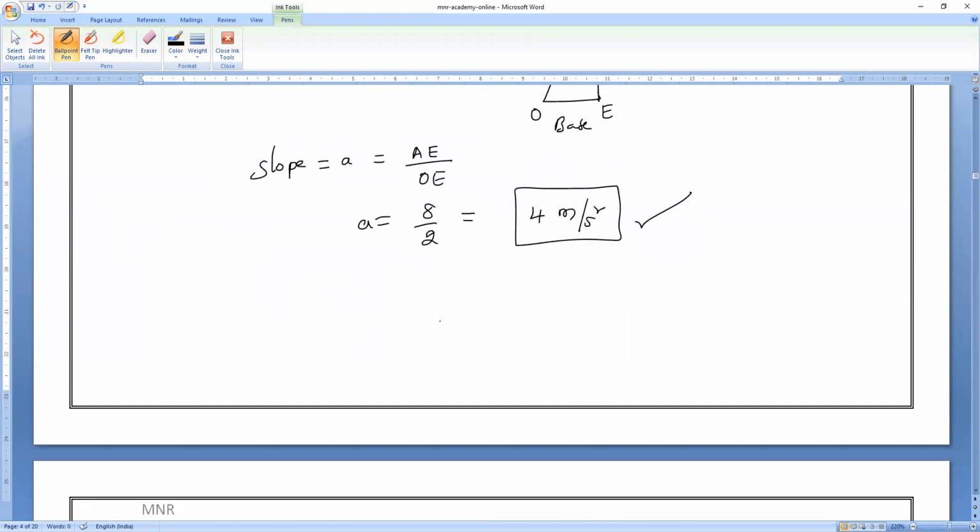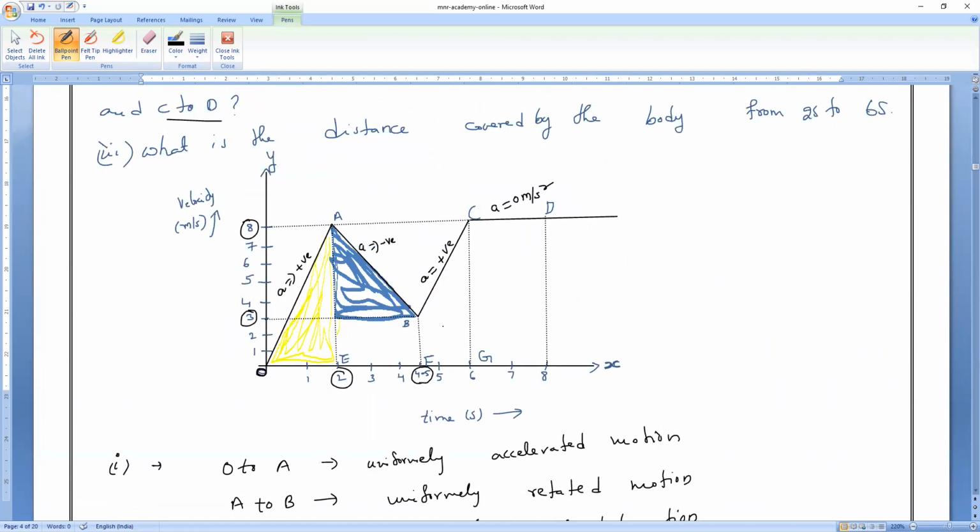So what will come now? Acceleration from A to B. Acceleration is equal to final velocity minus initial velocity divided by final time minus initial time. Taking it as AB.